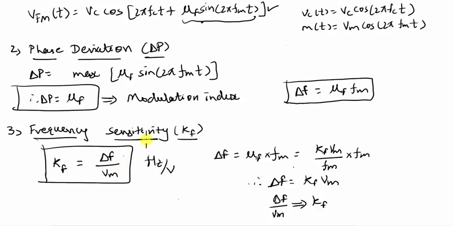But remember, modulation index has nothing to do with kf, because if you increase delta f, and even when you are changing the modulating signal amplitude, if fm remains constant, with increase in delta f, mu f will increase. So if you increase Vm and delta f together in the same proportion, kf will remain constant, but mu f will increase as long as fm remains constant.